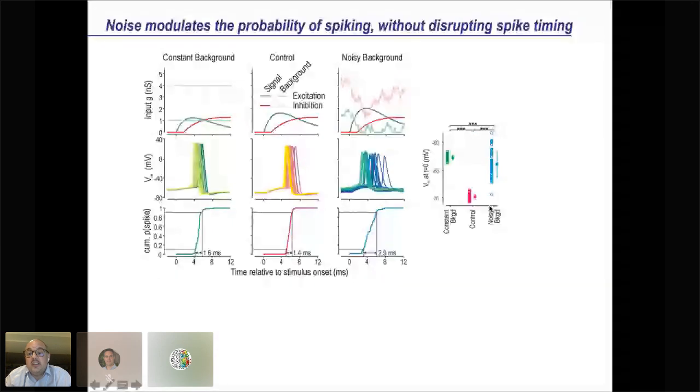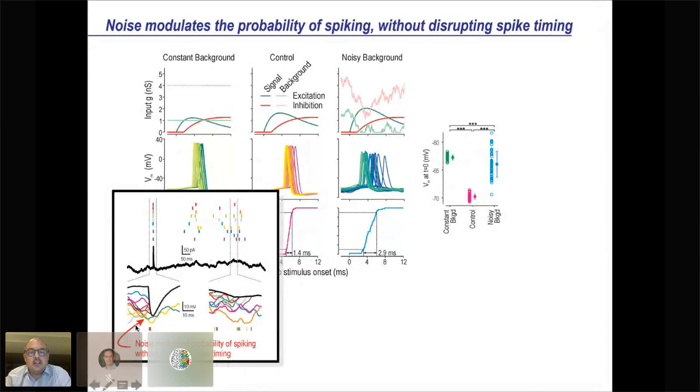And you can see under noisy conditions, that voltage really can vary quite a bit, and that impacts the spike timing, as you might expect. But it doesn't actually impact it a lot. We go to a 10 to 90% spread of 2.9 milliseconds compared to 1.4, 1.6. So it's maybe doubled the jitter, but that's not actually too much.